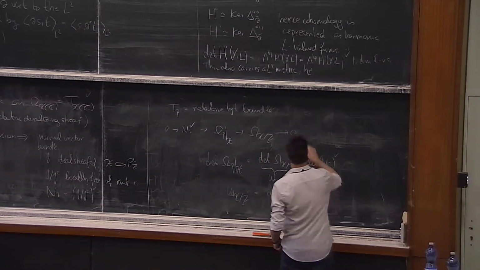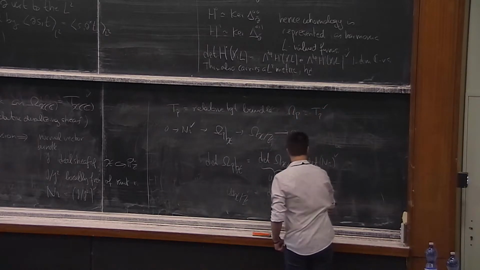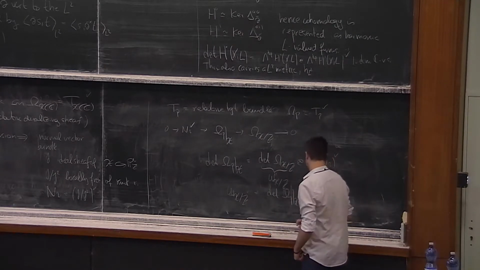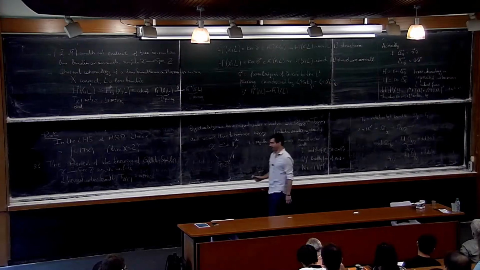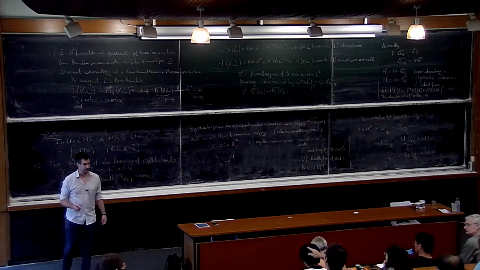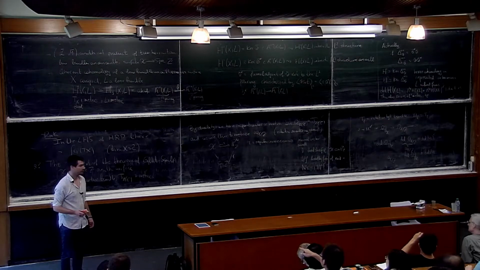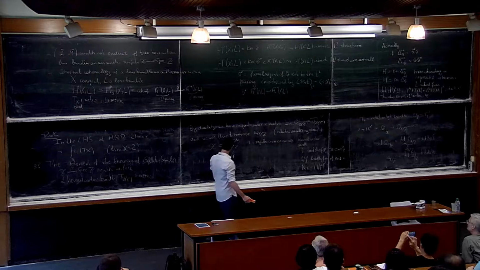It has a cotangent. And then tensor the determinant of the normal bundle. So this is the relative dualizing sheaf. And X is regular, and this is used in this here.